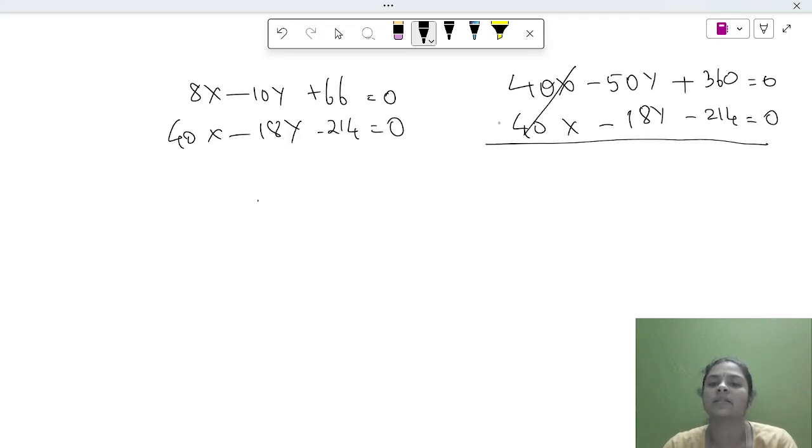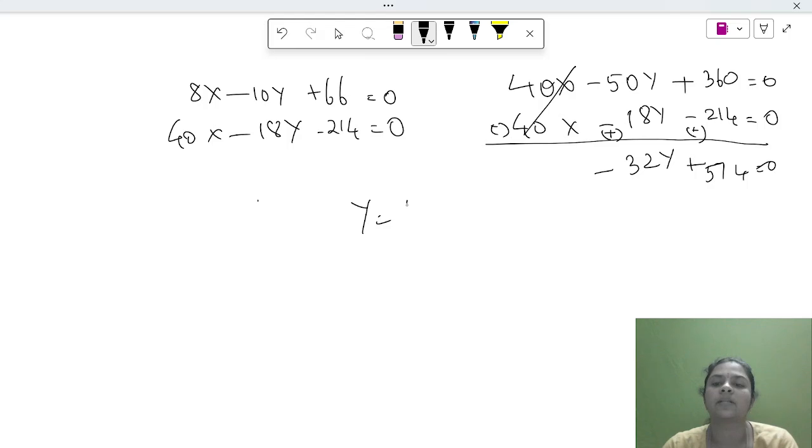So 40x minus 40x cancels, and the signs change. Now you get minus 32y plus 544 equals 0.